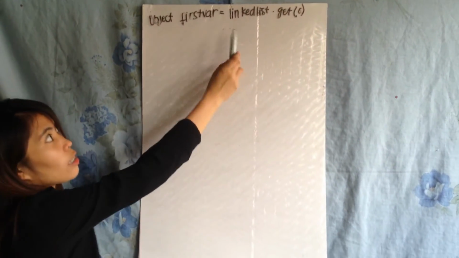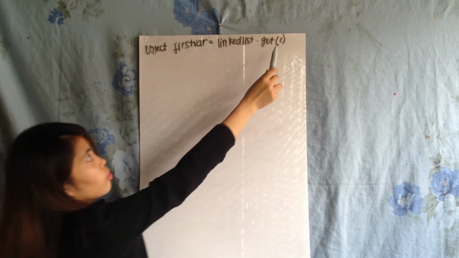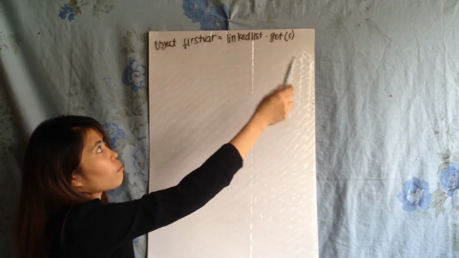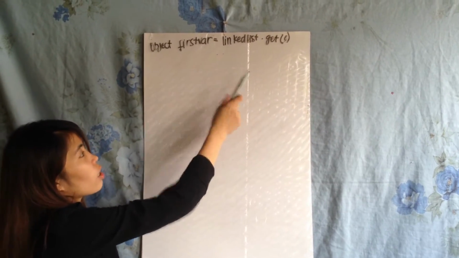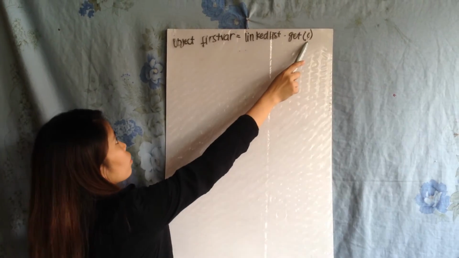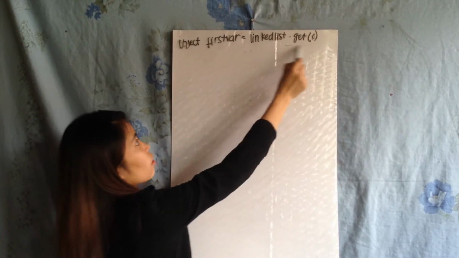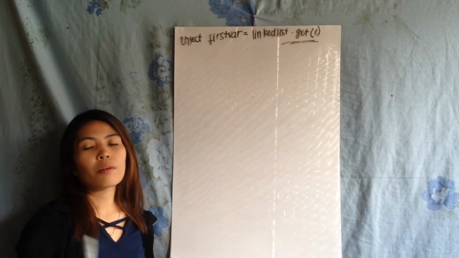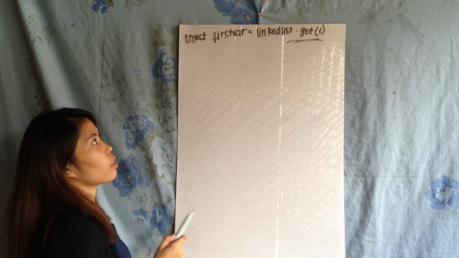So, ginamit ko yung linkedList.get tapos yung index na 0 kasi yung first na kukunin nating element is nasa index 0. Tapos gagamitin natin tong get para makuha natin yung value dun sa linked list.